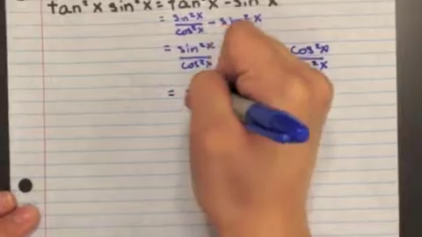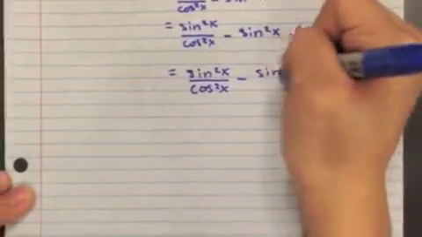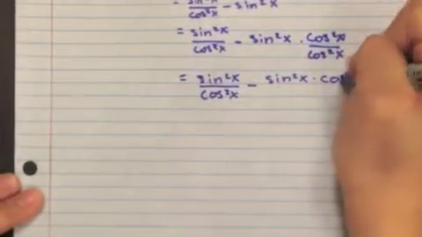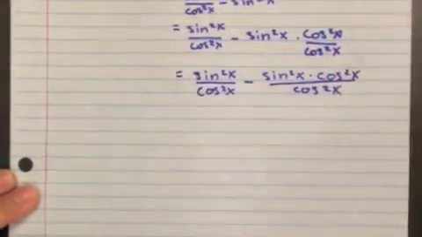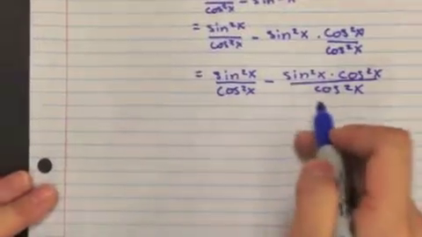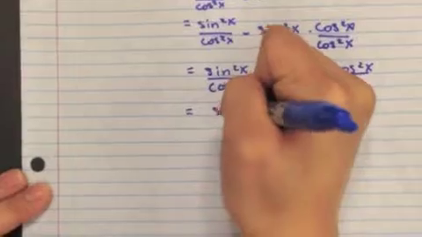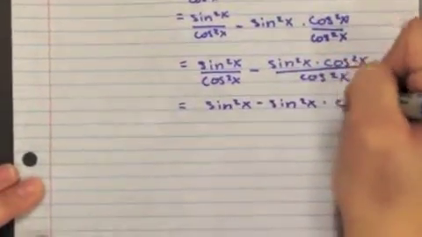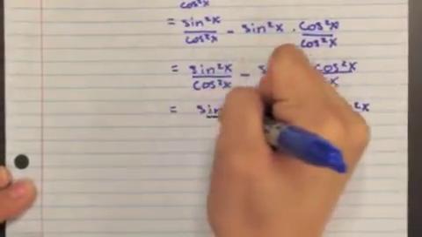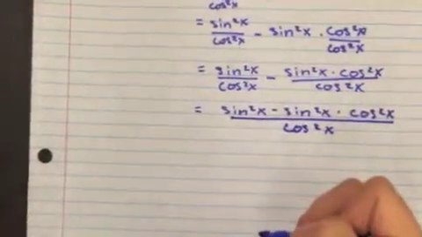So now you have sine squared x over cosine squared x, minus sine squared x times cosine squared x over cosine squared x. And now that you have this common denominator, you can put it all over one fraction. Sine squared x minus sine squared x times cosine squared x, all over cosine squared x.